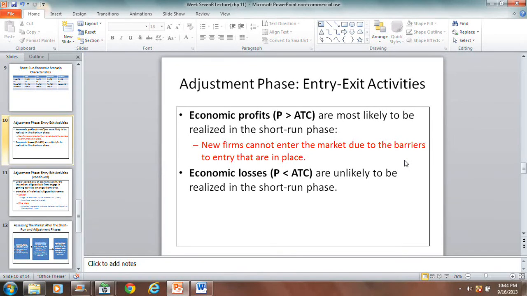So new firms can't come in, right? If the firms are making economic profit in the short run, and new firms can't come in during the adjustment phase, it stands to reason that those firms should continue to make those profits uninterrupted, because there isn't an external competitive threat to come in and eat away at those profits. Economic losses are typically unlikely. Again, I'm just going to take the profit case, which is the most likely one, and flow that through the process. Okay, so economic profit is the most likely case.